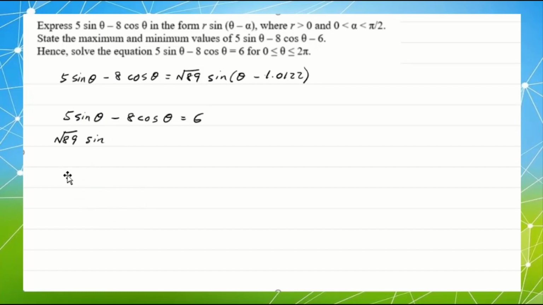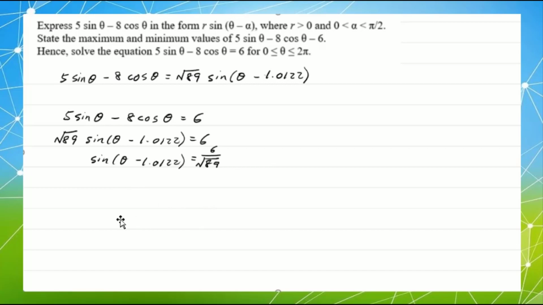So now it is replaced with square root of 89 sine of theta minus 1.0122 equals 6. Then we shift the square root of 89 to the right hand side, so sine of theta minus 1.0122 equals 6 over square root of 89.